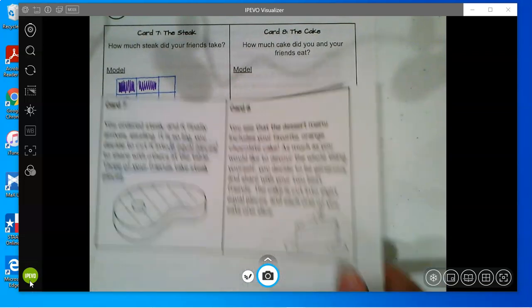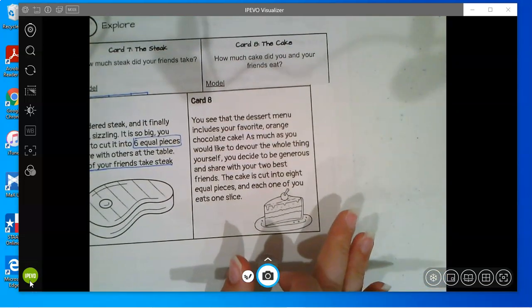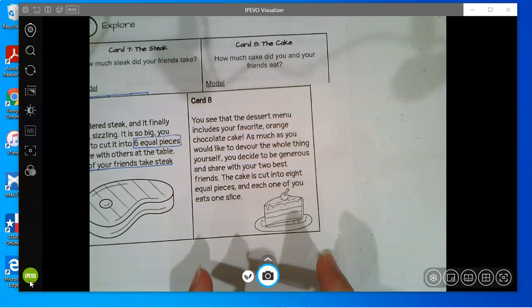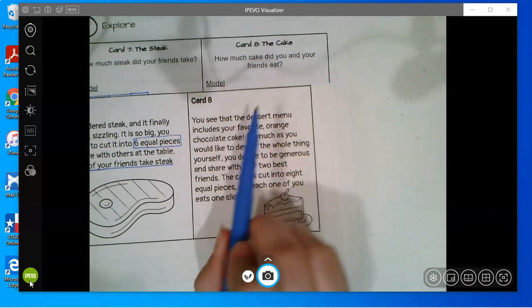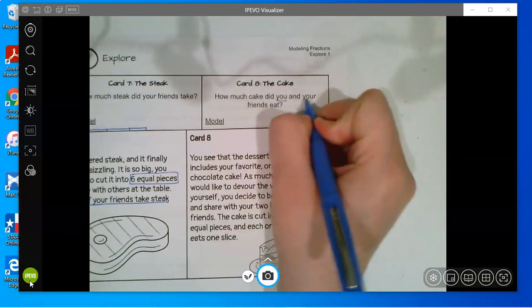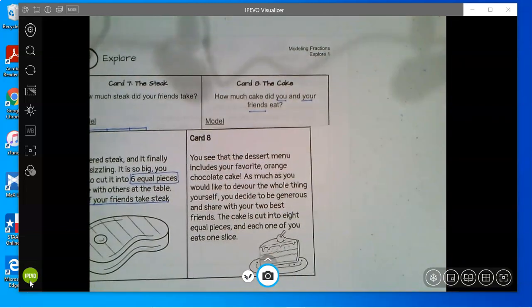Okay. So let's look at number 8. So we need to know how much cake did you and your friend eat. So you see that the dessert menu includes your favorite orange chocolate cake.